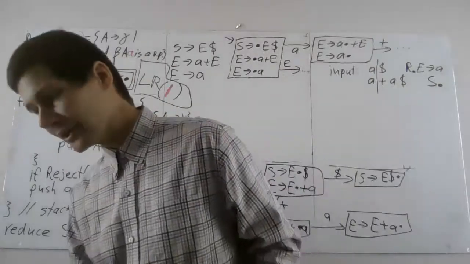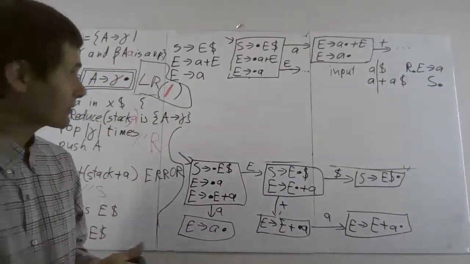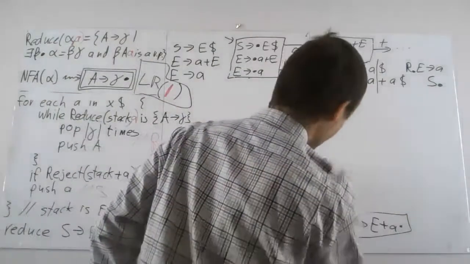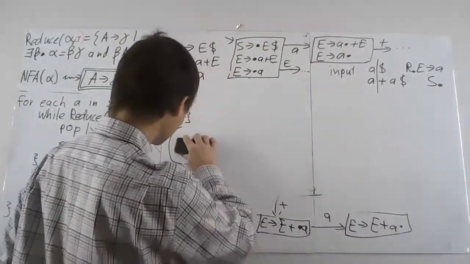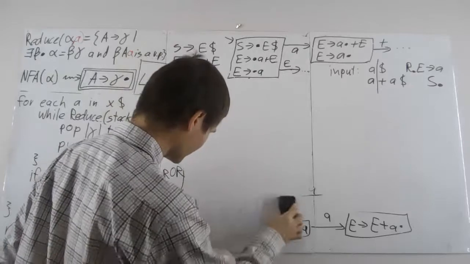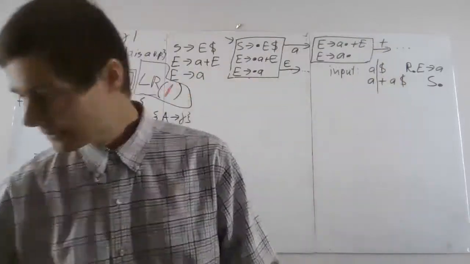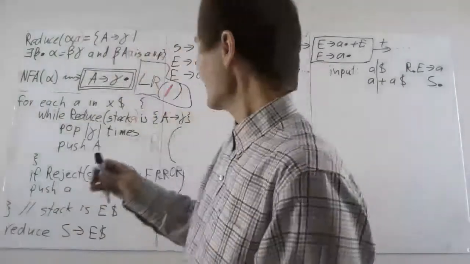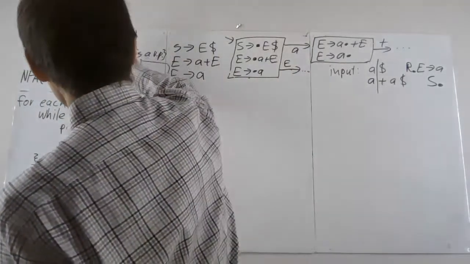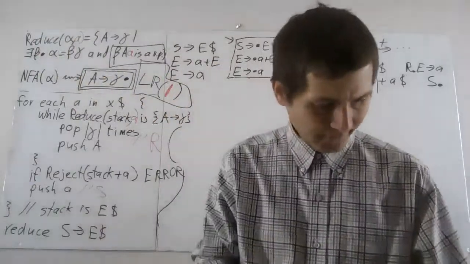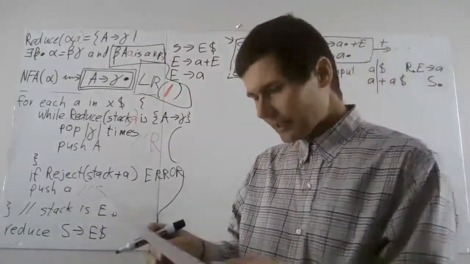Okay, so we're going to try and do two things. Remember, we're trying to answer this question: is beta A a a viable prefix?